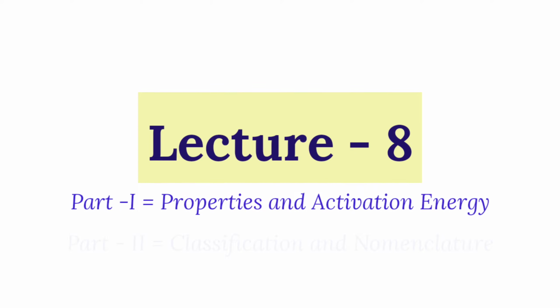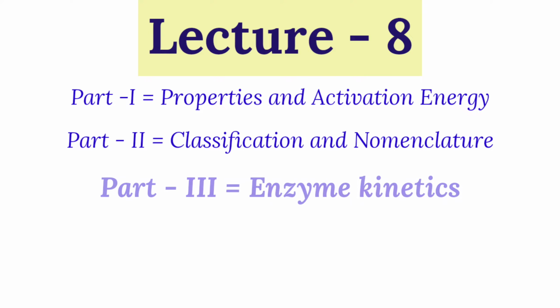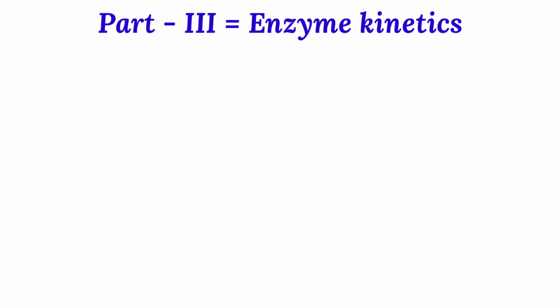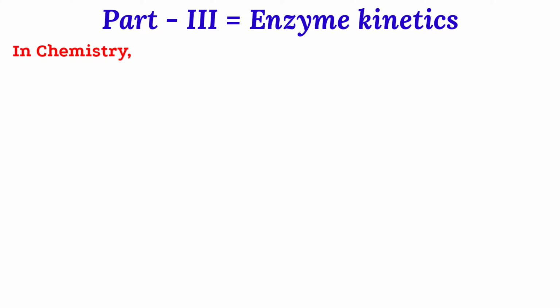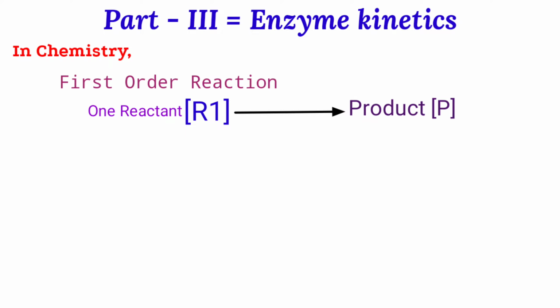Hello friends. In our discussion about enzymes, we have reached the topic of enzyme kinetics, which is a very essential topic. In basic chemistry, we know that in first order reactions the concentration of reactant, in this case we can consider the reactant as substrate, gives rise to the product.